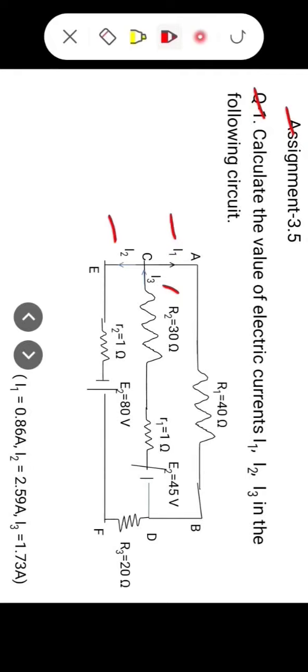Using Kirchhoff's laws and the respective sign conventions, you calculate the values of I1, I2 and I3. So here is the answer, I1, I2 and I3 for verification. When you solve, you can verify your results from these answers. Question number 2.